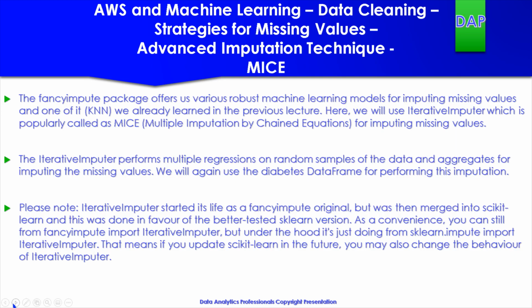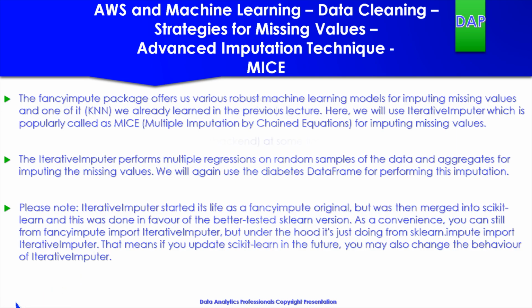Okay, that means if you update scikit-learn in the future, you may also change the behavior of IterativeImputer. Just keep this in mind, so that if you are on live projects or working for some organization, you have to keep this in mind.